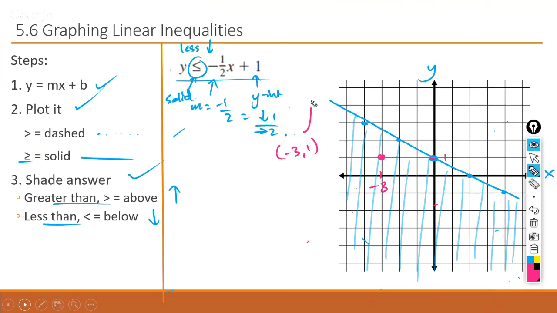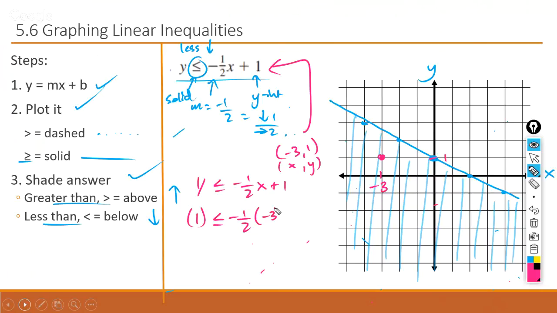If we plug it back in, kind of like from systems, this statement is supposed to be true. So remember x comma y. So y is 1. I'll just write out the original equation. 1 is less than -1/2 times x plus 1.